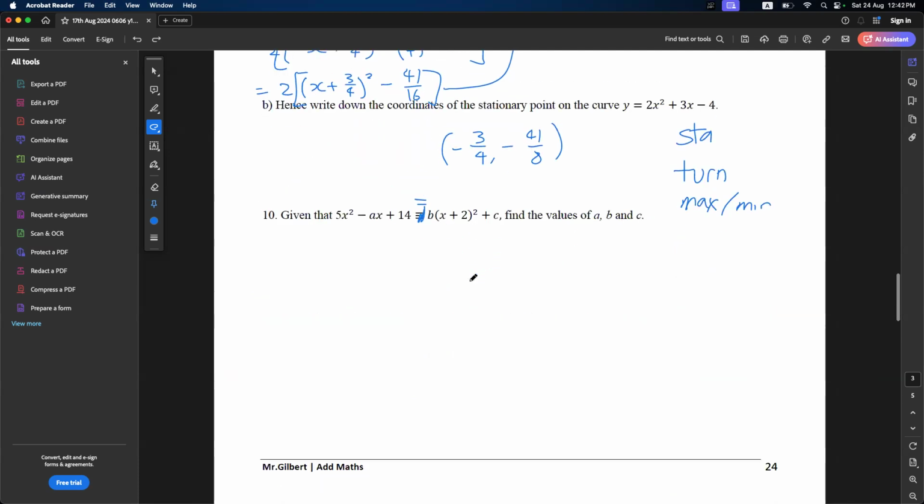Okay, last question. Factorize 5. You have x squared... Oh, okay. The smartest student in the class. How should we do this question?